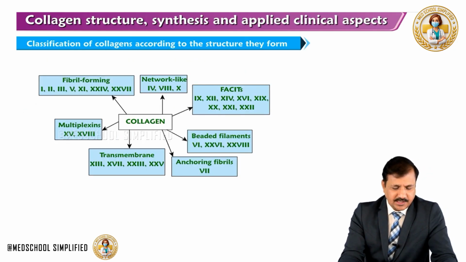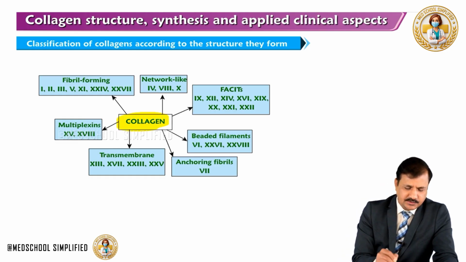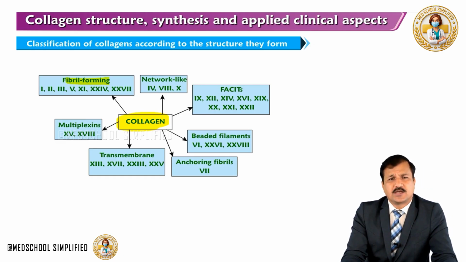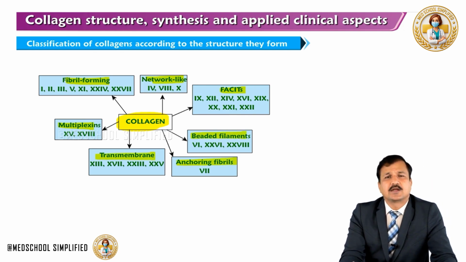Coming to the classification of collagens according to the structure they form. Collagens can be classified into fibril-forming collagens, and the types of collagens are mentioned by numbers there. Then the network-forming collagens, FACITs, multiplexins, beaded filaments, anchoring fibrils, and transmembrane types of collagen.